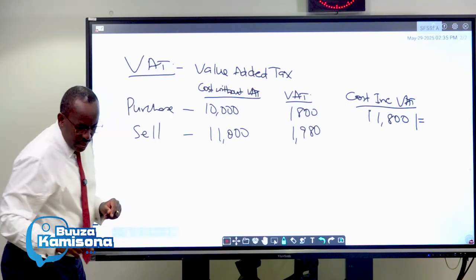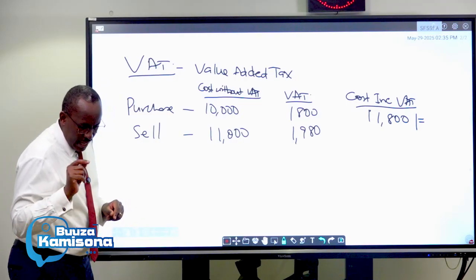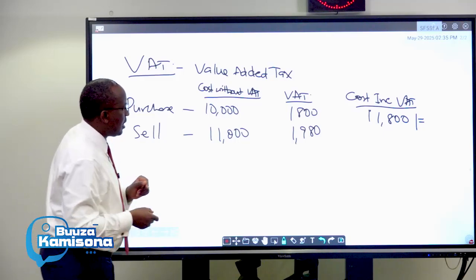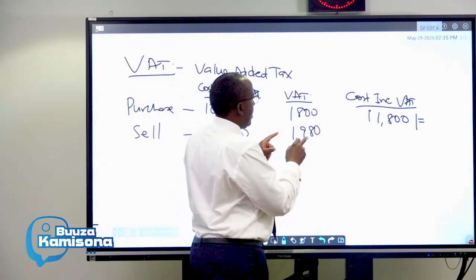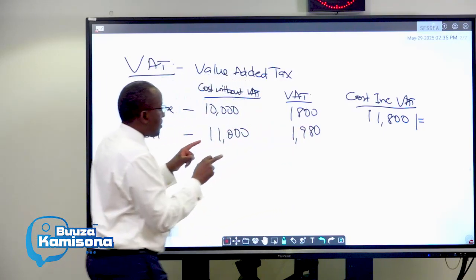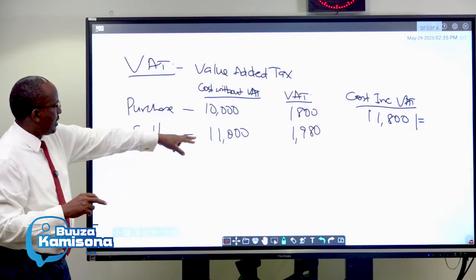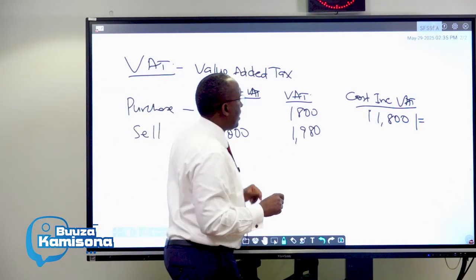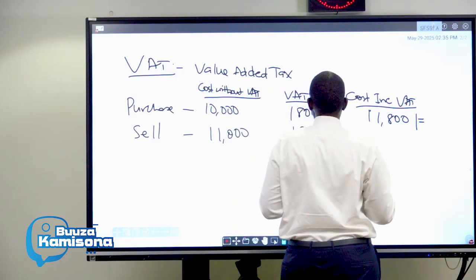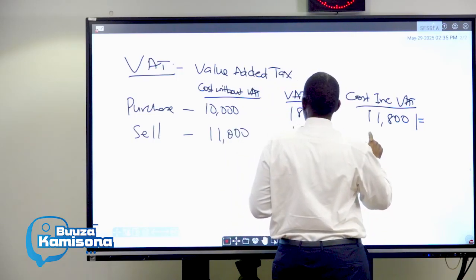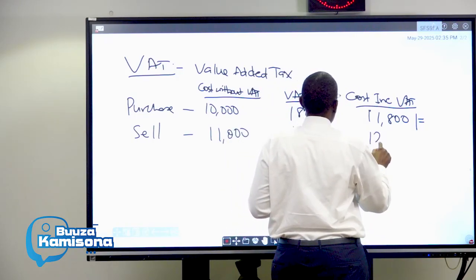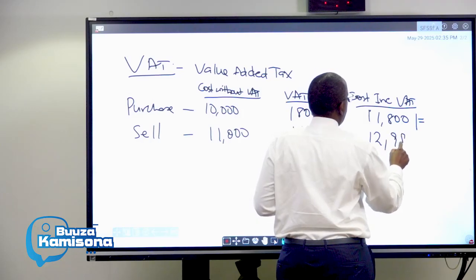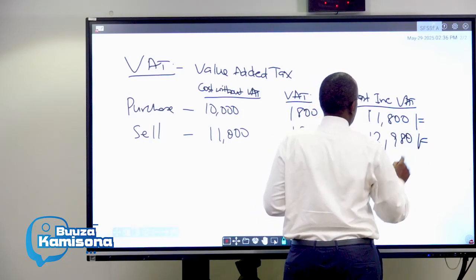And therefore, the cost of this item at this point will be 11,000, which is the cost without VAT, plus this one, 1,980, which makes the cost here 12,980.